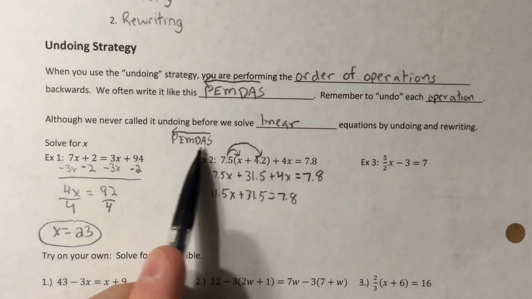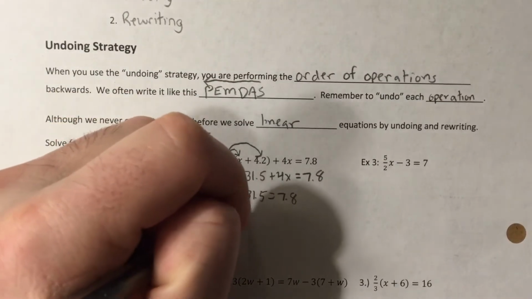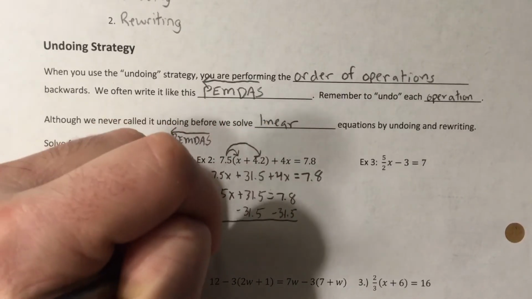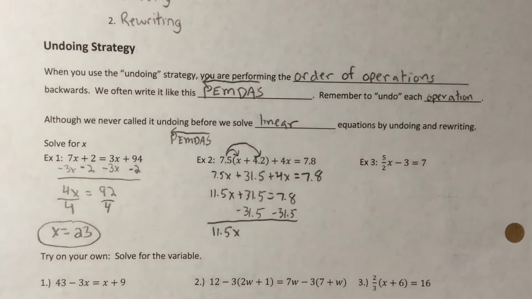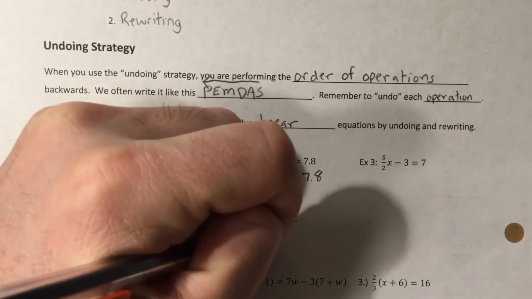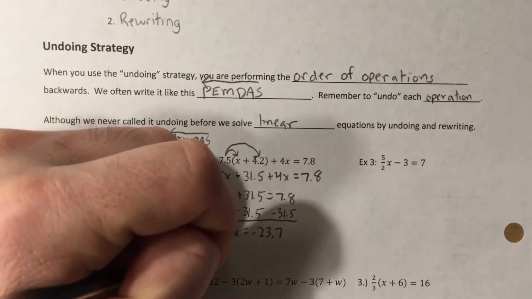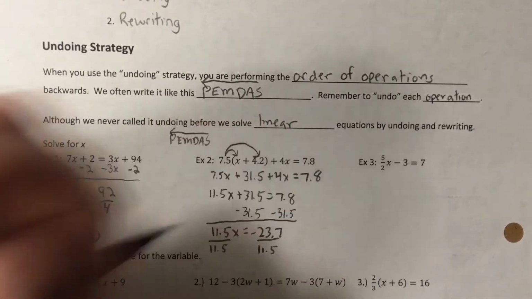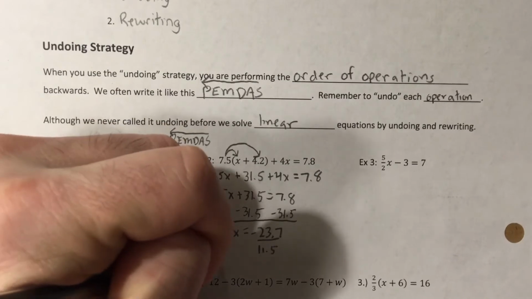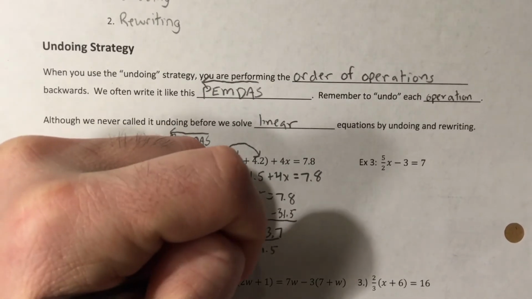And now I undo addition and subtraction, so I'm subtracting 31.5. I get 11.5x equals 7.8 minus 31.5, which is negative 23.7. And I divide by 11.5, and I get negative 2.06.